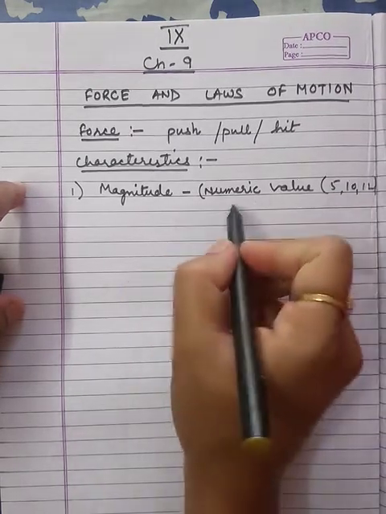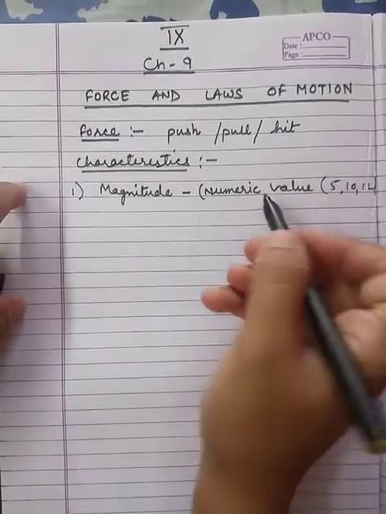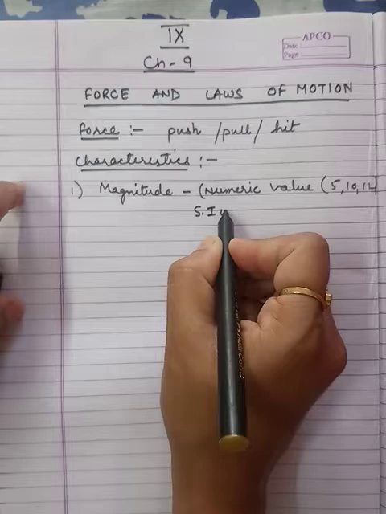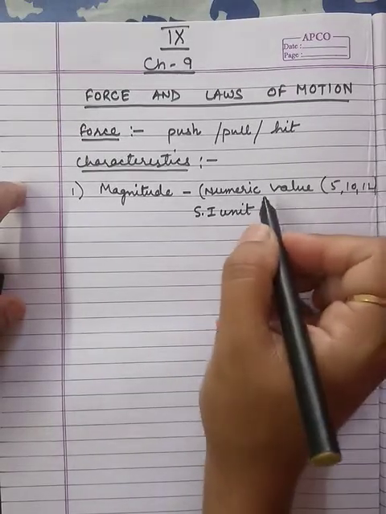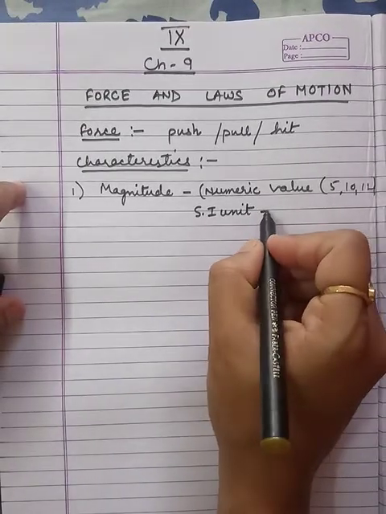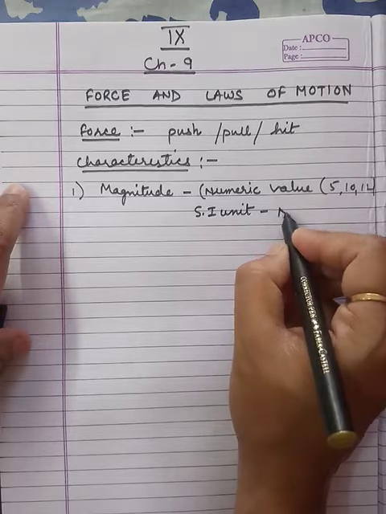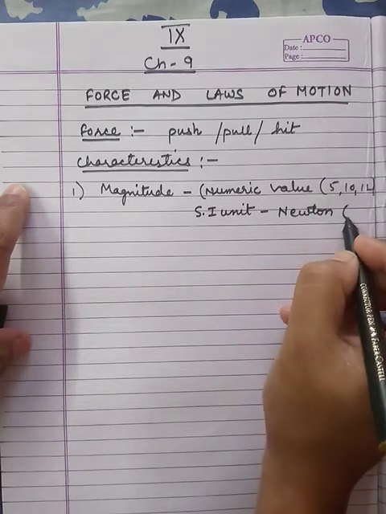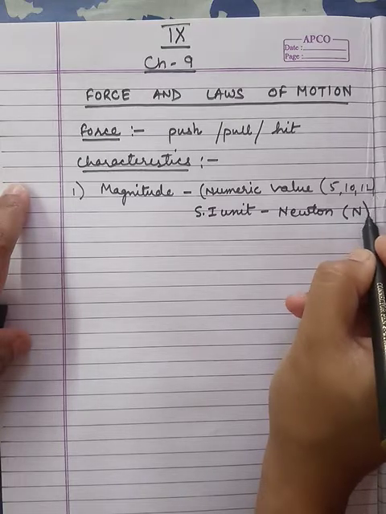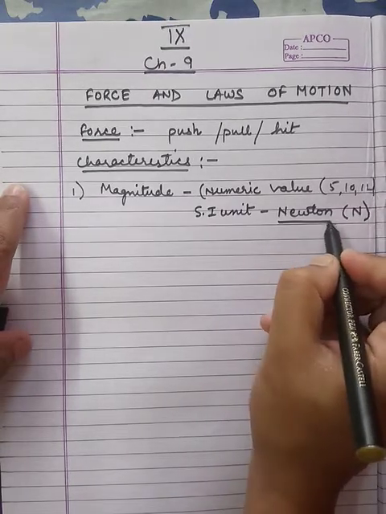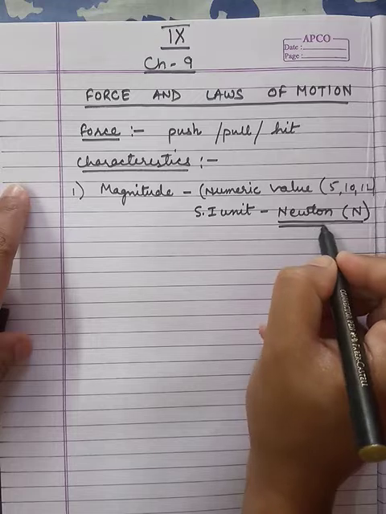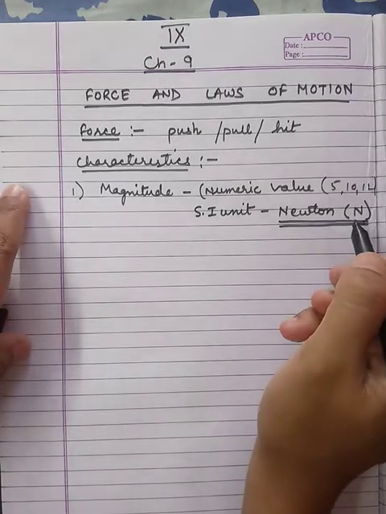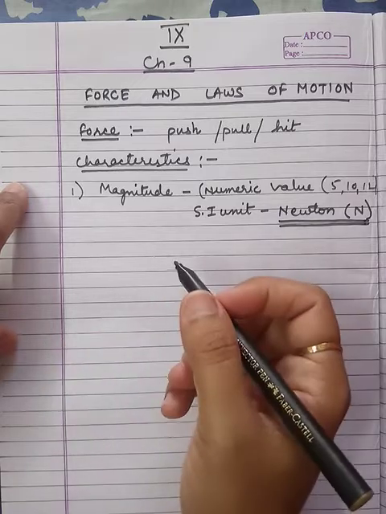Okay, and along with the numeric value we need to express the SI unit of force. Okay, what is SI unit? SI unit is Newton. That can be represented as capital N. It is very important to remember the SI units as we have experienced it in our previous chapter motion.